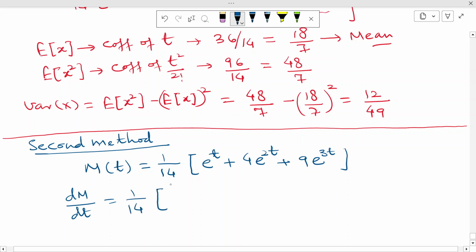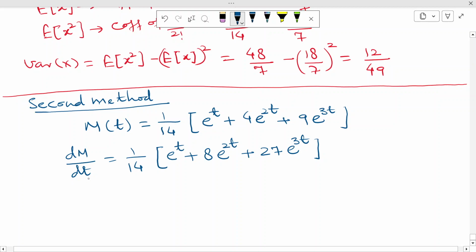Now the derivative of e to the power t with respect to t is e to the power t plus the derivative of e to the power 2t is 2 times e to the power 2t. So we will have 8 times e to the power 2t plus we are having 27 e to the power 3t. Now this is the first order derivative of our moment generating function.